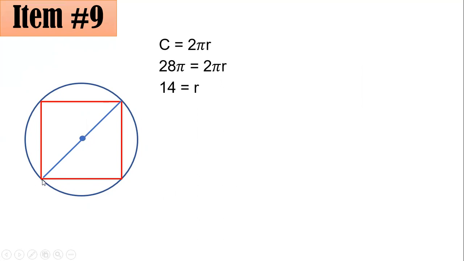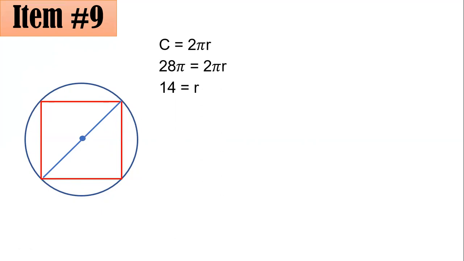It is in fact a theorem that if you have a square inscribed in a circle, then the diameter of your circle is the diagonal of your square.